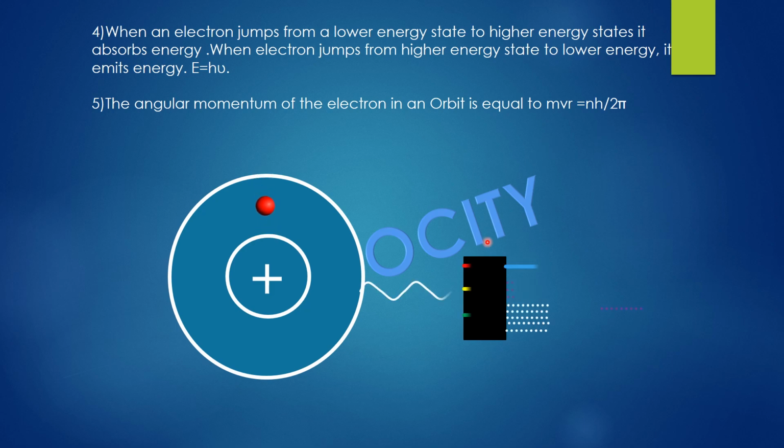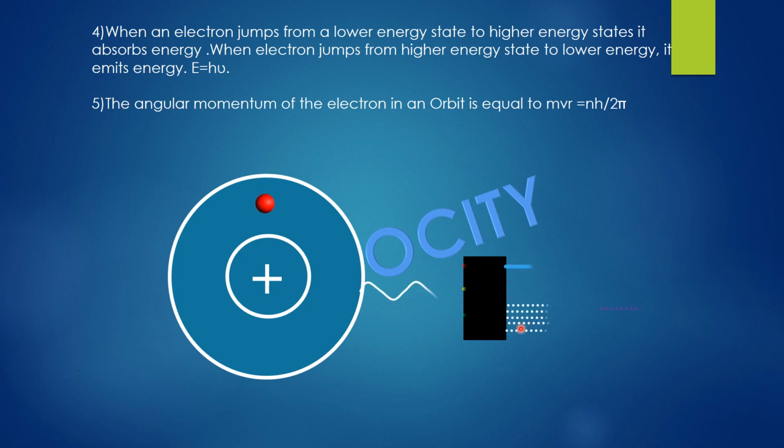Next, another limitation for the Bohr atomic model. Observe this one. When the spectra is seen with a powerful spectroscope, these lines split into smaller units. The red line splits into only one, whereas the yellow one splits into three simpler units, three smaller lines, and this green splits into five smaller lines.